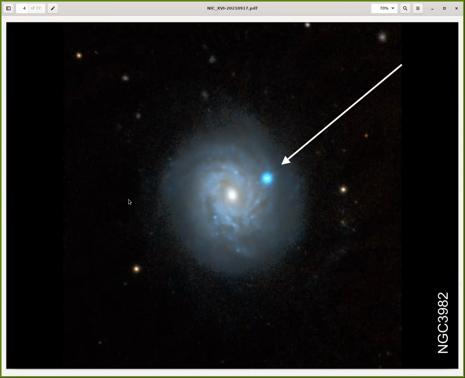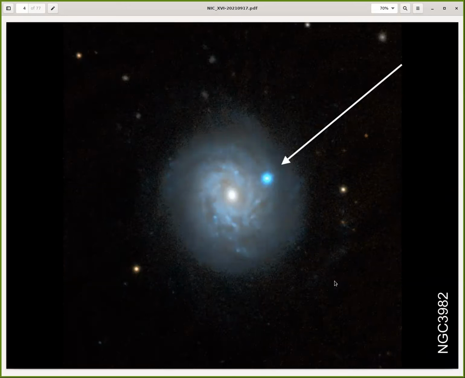So you can see that here as this blue dot. And as I have been assured by astronomers, these supernovae are very easy to spot because there's always these white arrows pointing at them. So you can immediately tell what a supernova is. There's always a white arrow pointing at them in all the pictures that you'll see.